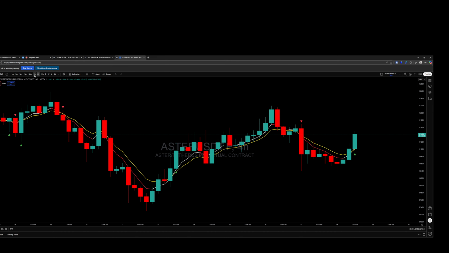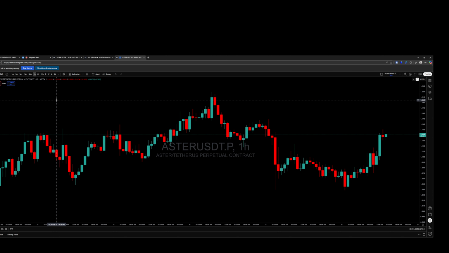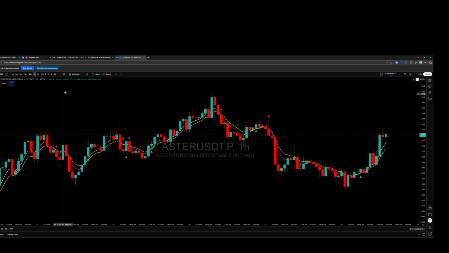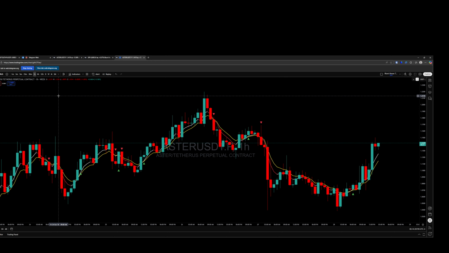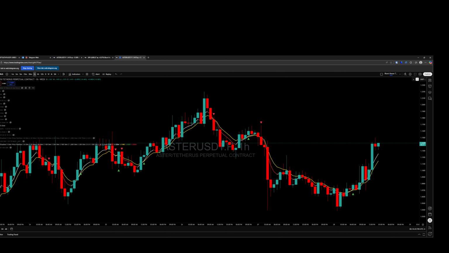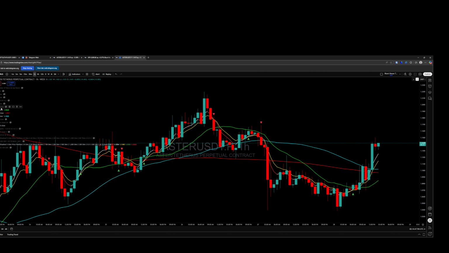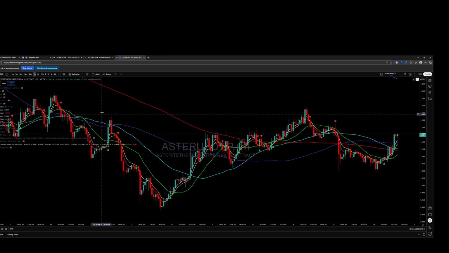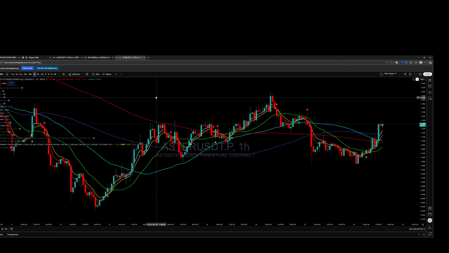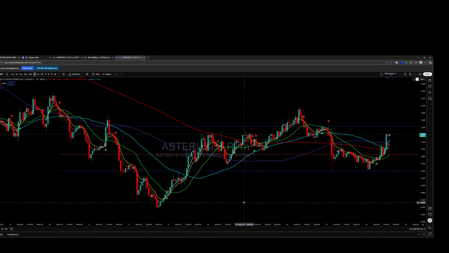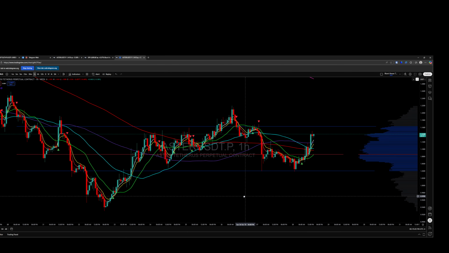I'm also, in all likelihood, going to look at the 1 hour too, because if I'm going to be wrong, I might see something on the 1 hour, I'm looking for some resistance here, that might give me a reason to pause.